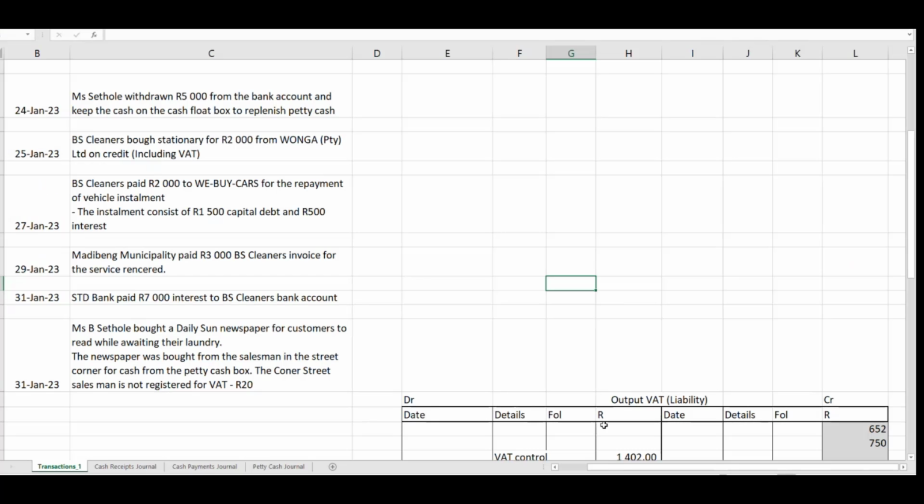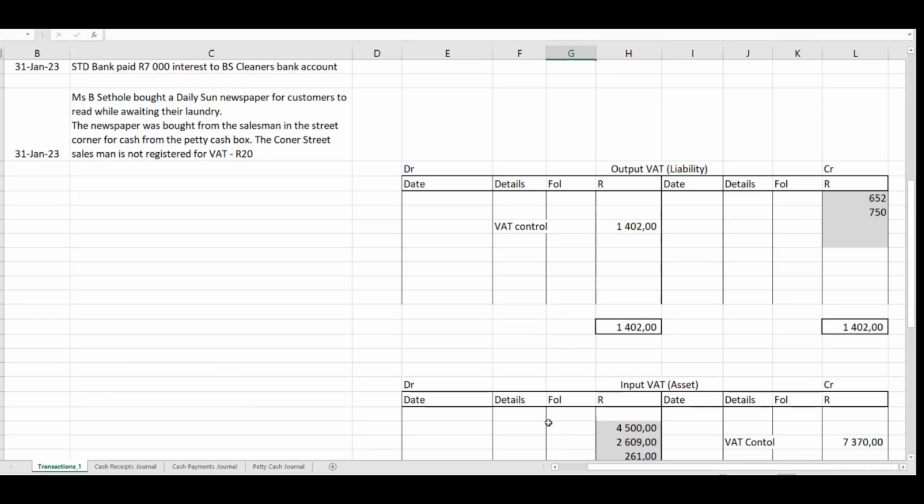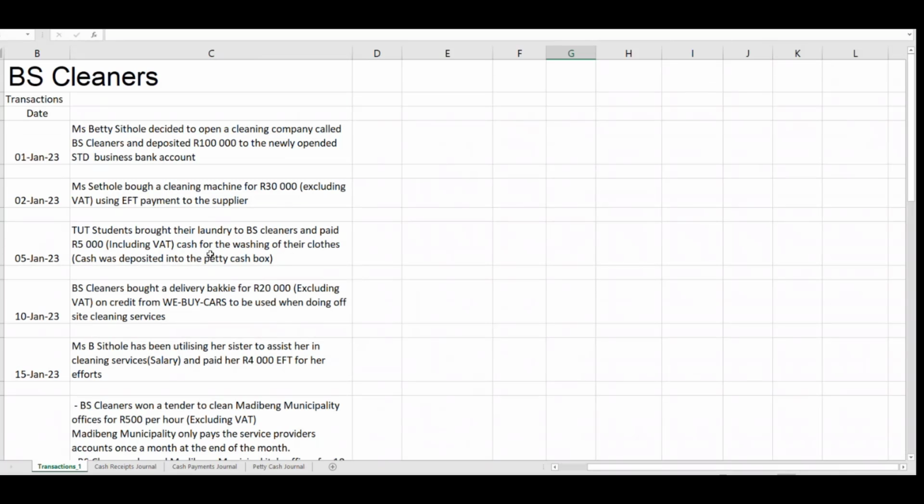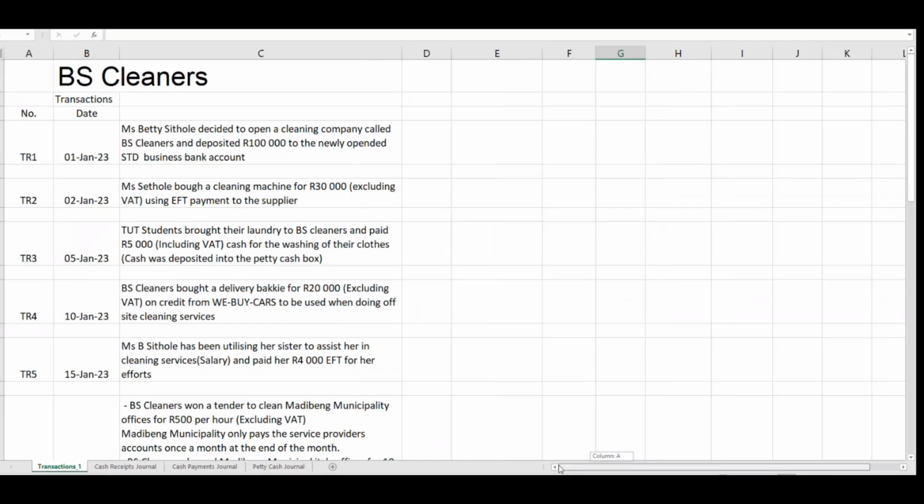We'll only do two transactions quickly: transaction number 2 and transaction number 3, so that we can see the integration of other accounts other than the VAT.